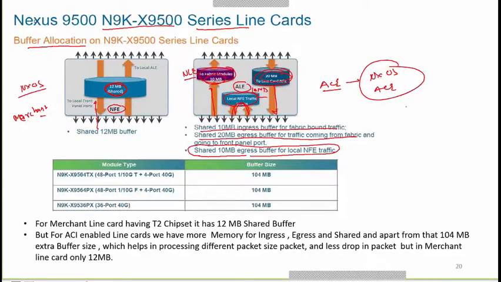It also has 1.4 MB extra buffer size to support more traffic.